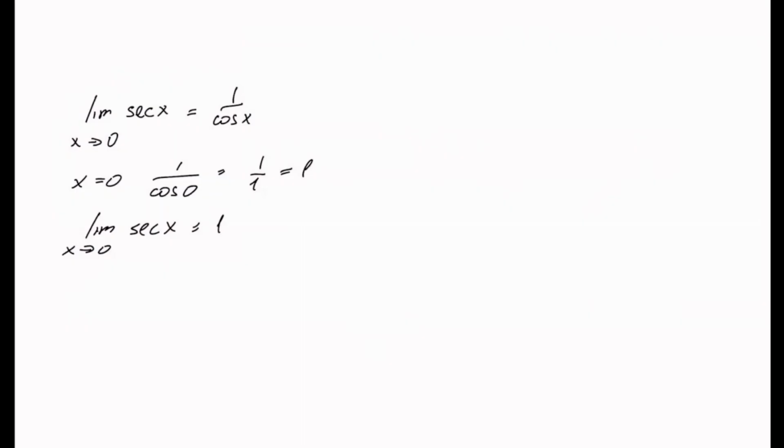But what about as x approaches pi over 2? Limit of secant x as x approaches pi over 2. Cosine of pi over 2 here is 0, so we have the scenario of 1 over 0. In this case, remember that we have a vertical asymptote, and we might have 3 scenarios here.